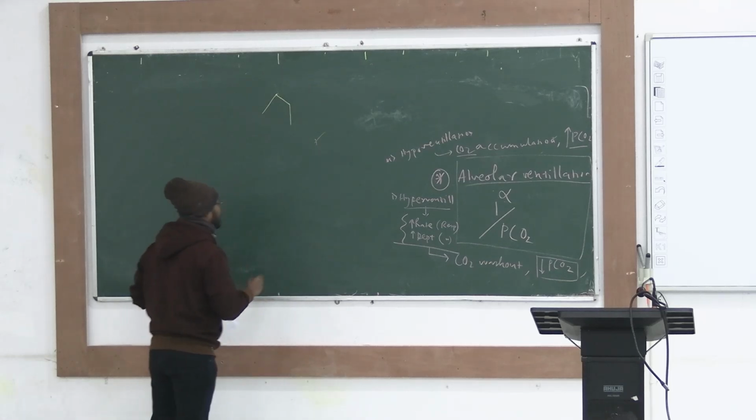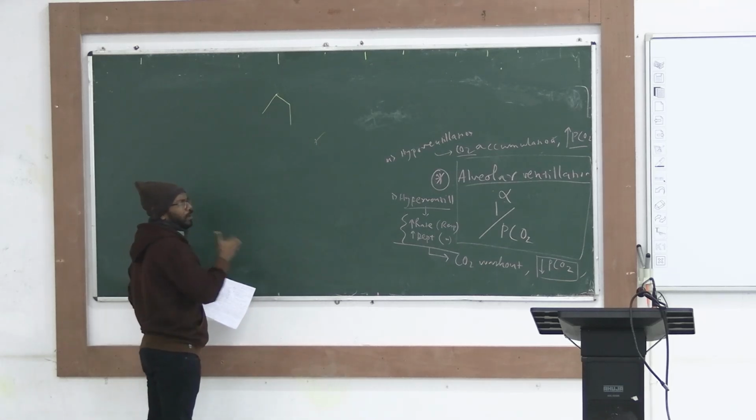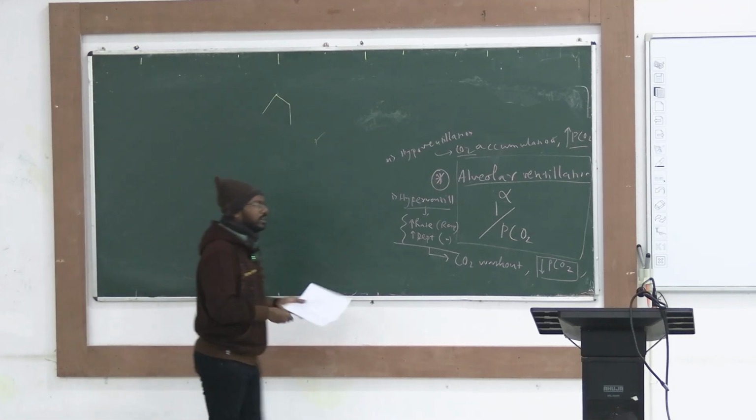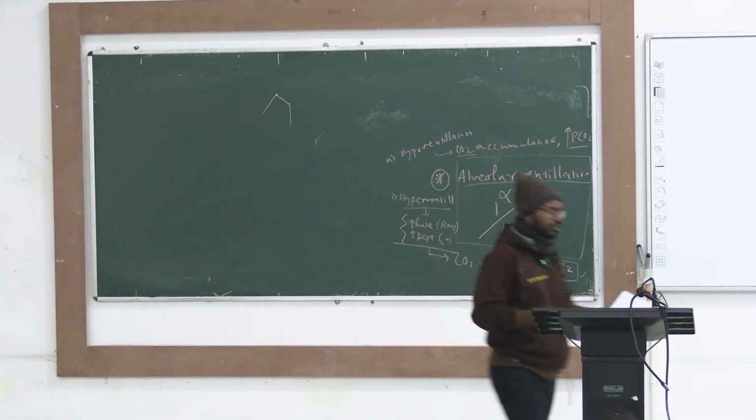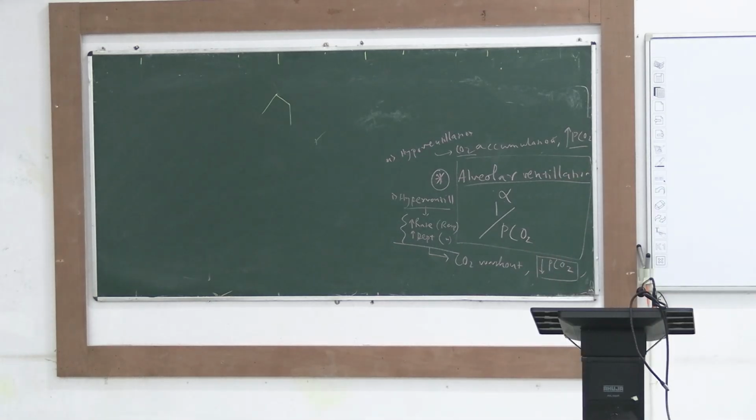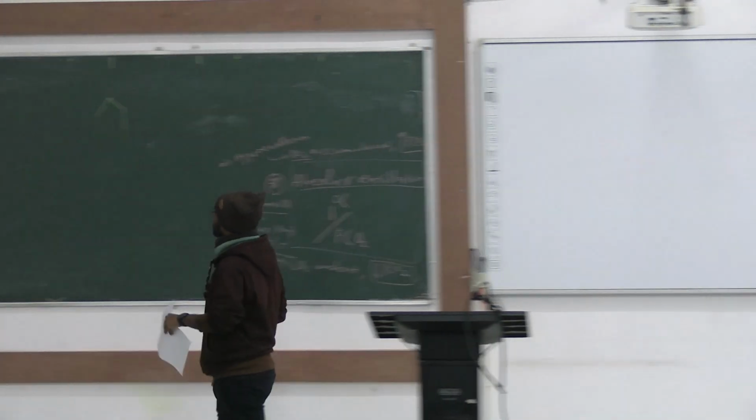Now the third line of defense: how does this CO2 come into action? Why is PCO2 important? You will understand how the third line of defense works, like in the kidney. So in the kidney, draw three pictures like this. On the left, draw your peritubular capillaries.